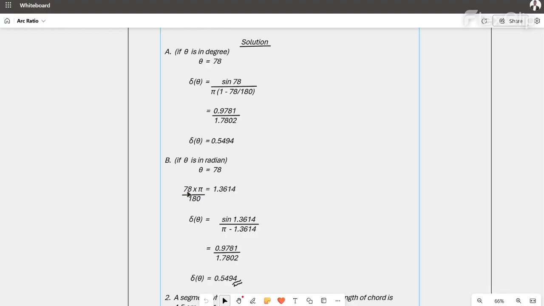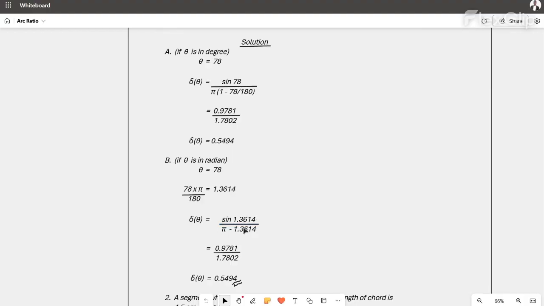This is the formula for converting angle from degree to radian. Then at the end of it you have 1.3614 radian. Delta theta is equal to sine 1.3614 all over pi minus 1.3614. This is how the function looks if theta is in radian.